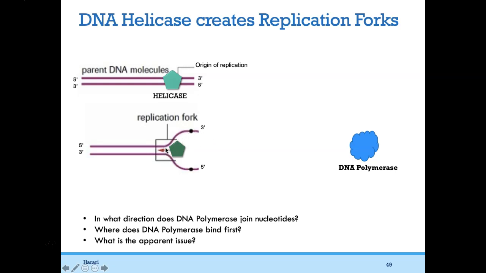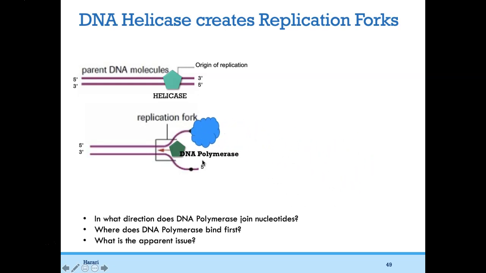But what's the issue, right? It can't bind here at this 3' end because it's sealed. And it can't bind to a 5' end because then it would make DNA 5' to 3', and that would be parallel. You can't have DNA polymerase start here and make 5' to 3' DNA because that would be parallel. So we have an issue here.